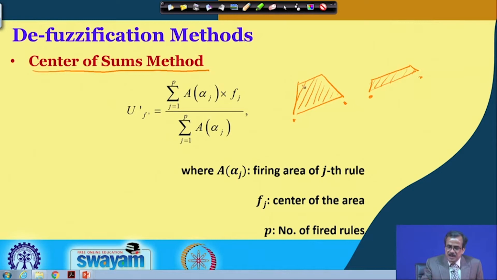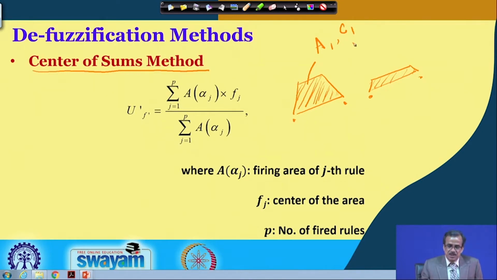Now, supposing that I am getting this particular truncated triangle corresponding to the first fired rule, I will try to find out the area of this truncated triangle or the trapezium, and what should be the center of area denoted by C1.